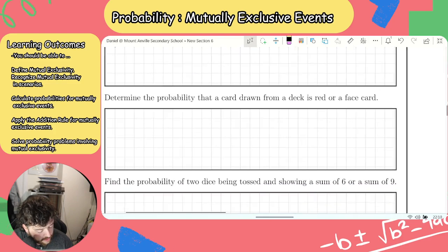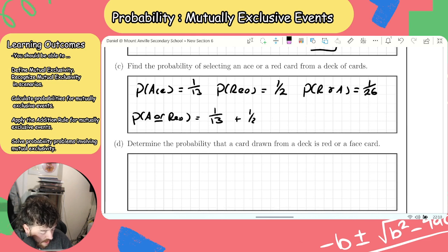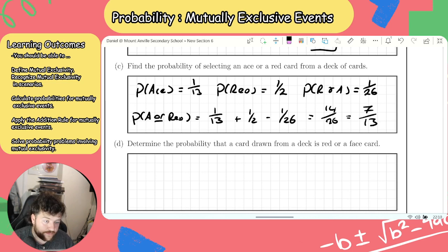Right, next one. Oh, sorry, I need to do this now. So, probability of getting an ace or red card. It will be 1 in 13 plus a half minus 1 in 26, which is 14 over 26, which is 7 in 13.